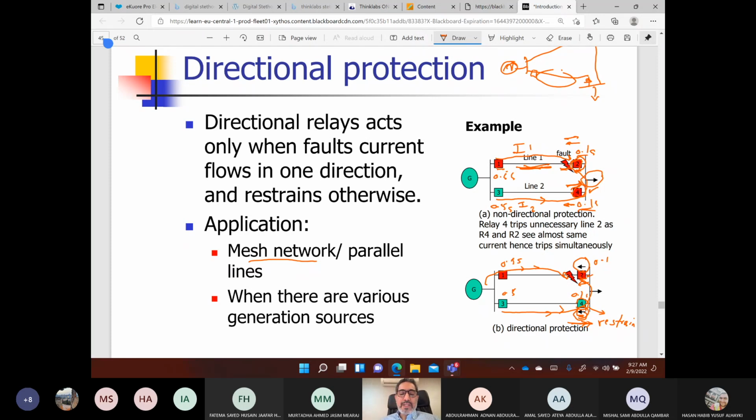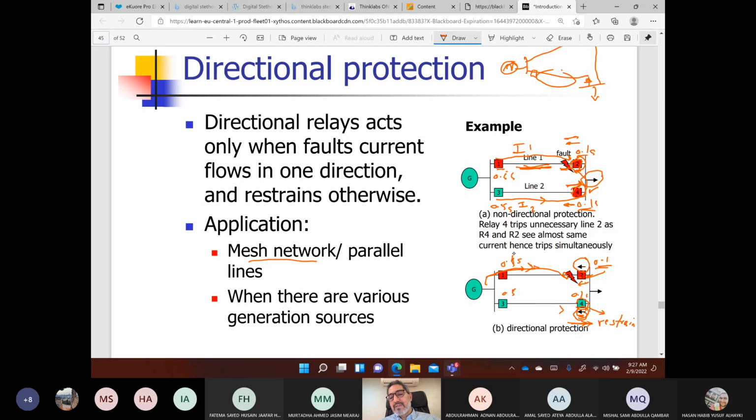So the sequence of operation in this case: 2 will operate at 0.1 seconds. Once 2 has operated at 0.1 seconds, the fault will be cleared, so there will be no fault current coming from this side. But this fault current will still flow.